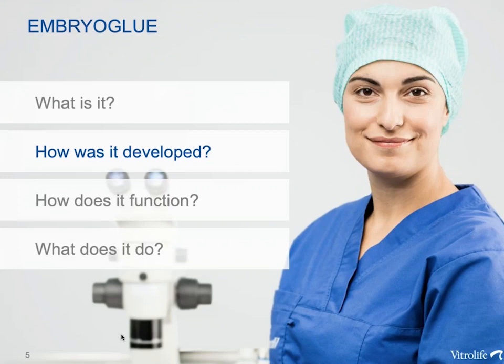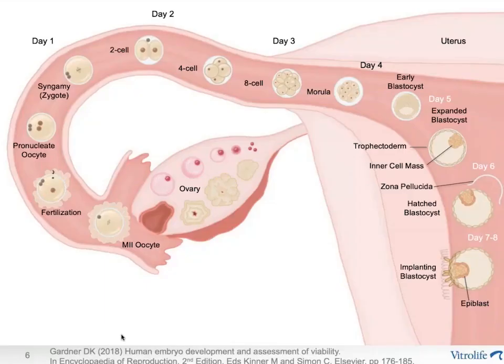So how was it developed? The preimplantation embryo is dependent upon the environment created by the oviduct and uterus as it develops and differentiates. Therefore, by analyzing the composition of these fluids, we get a good insight into what embryos are exposed to and require.